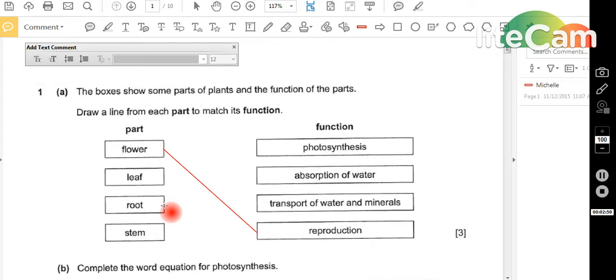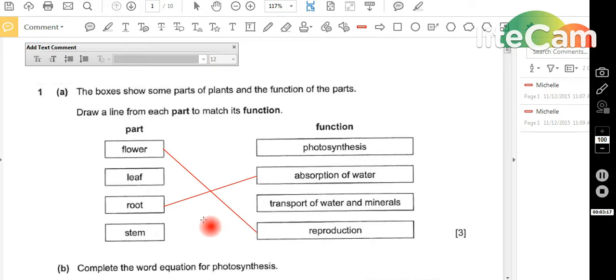Choose the correct option. Absorption of water. Yes, the roots will absorb the water from the soil.